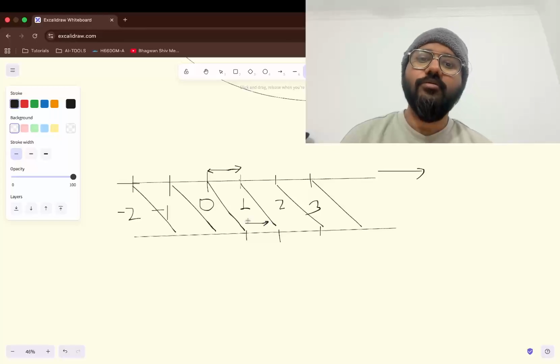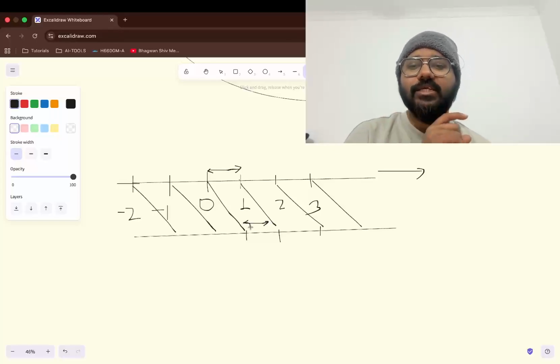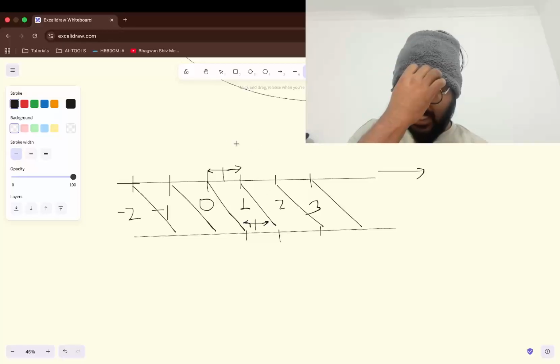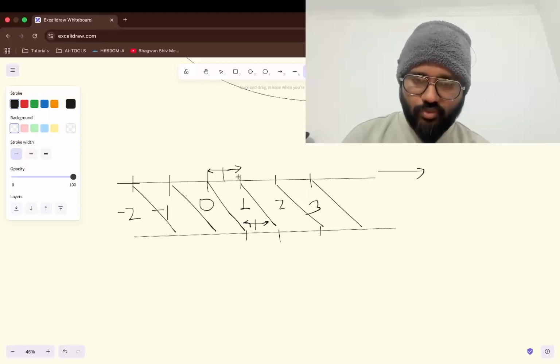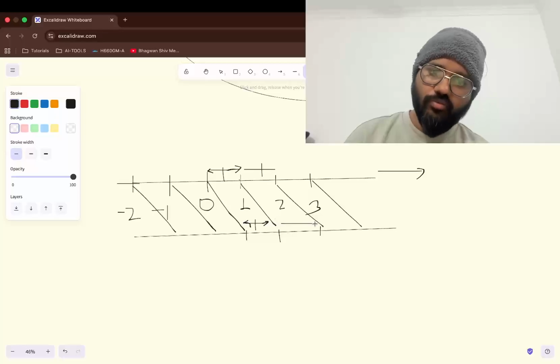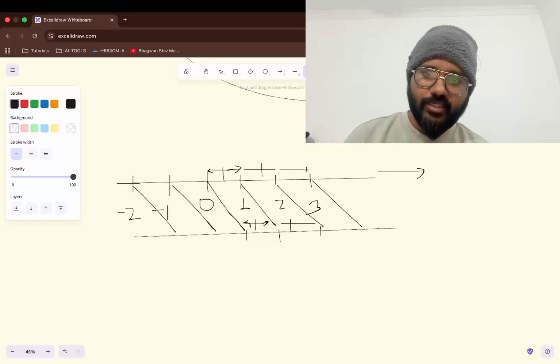And when I say same, I don't mean same by unit. I mean, if 0 to 1 was 1 unit, it could be, let's say, 5 units. But here to here, if it is 1, this will also be 5. If this was 1, this will be 5.